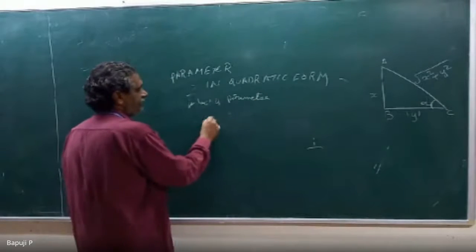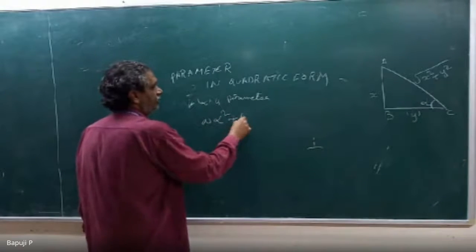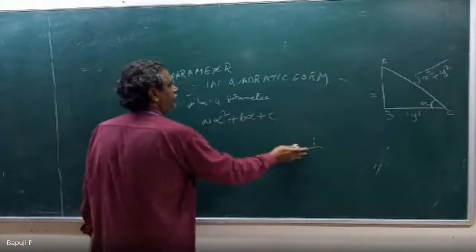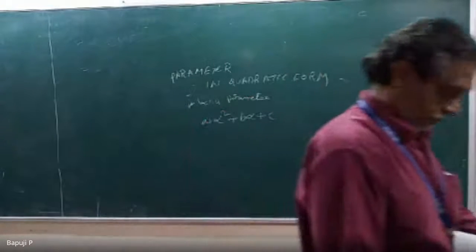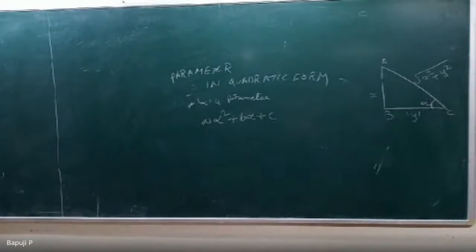Suppose the given equation is like this, A alpha square plus B alpha plus C. Then with respect to alpha, no need to do anything. Directly you can write the answer.